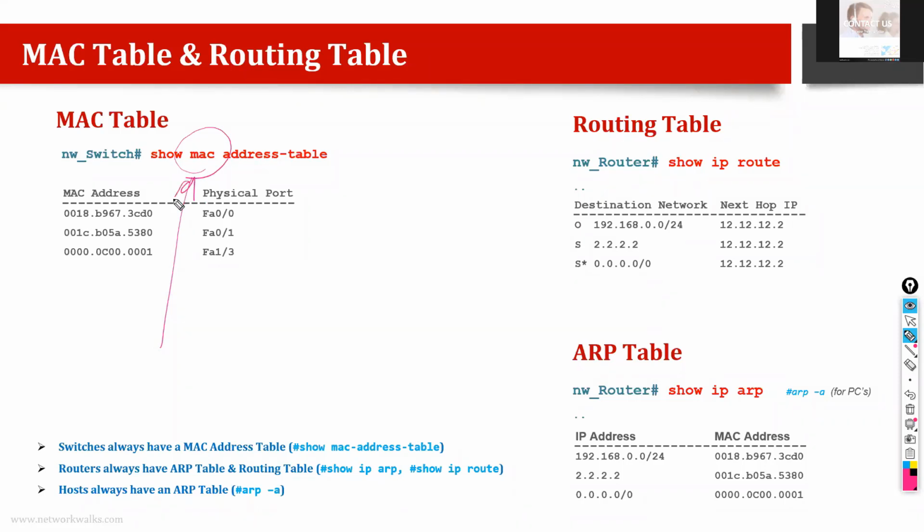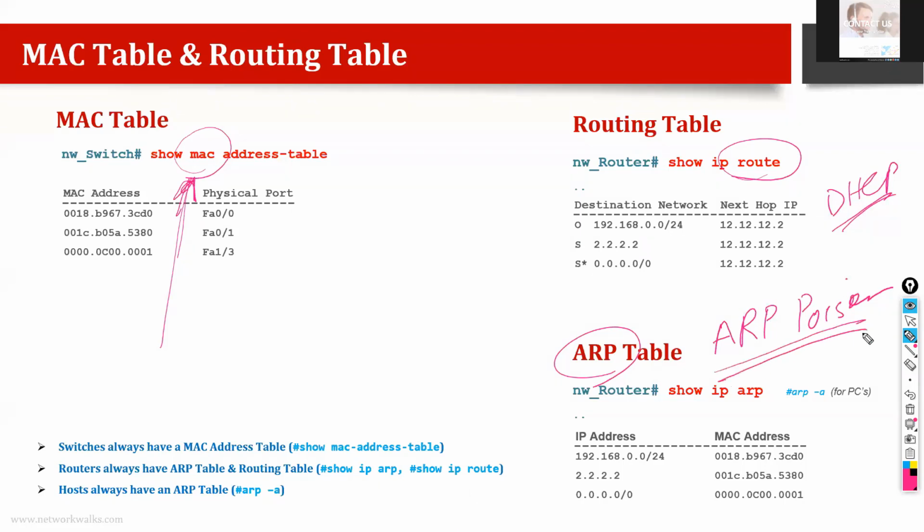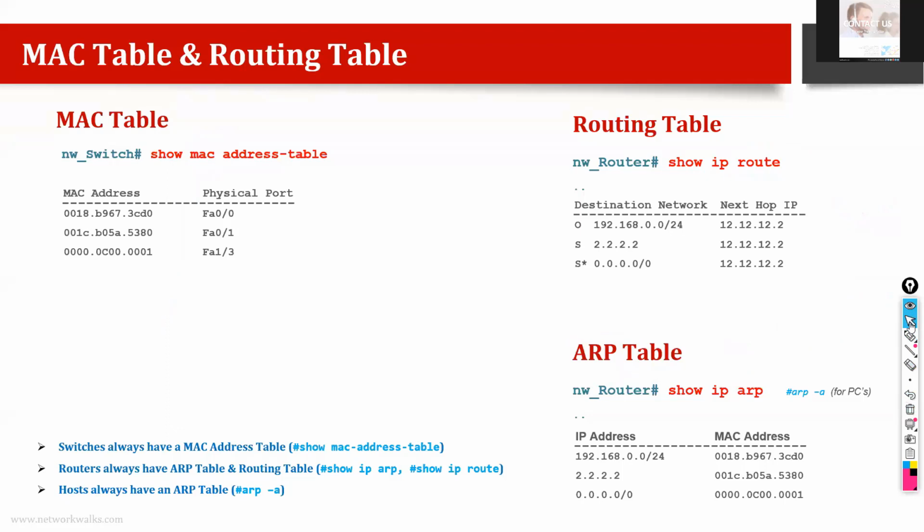So you need the basic background about MAC addresses and their tables. Also the routing table and ARP table, there are ARP poisoning attacks, DHCP attacks, and DNS snooping attacks. We need to learn these basic tables so that we can make our devices safer.